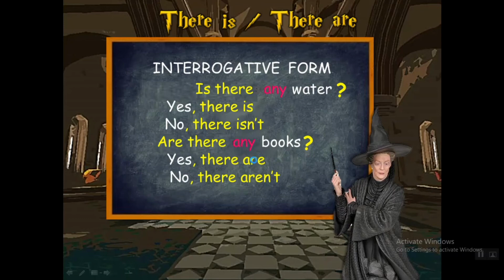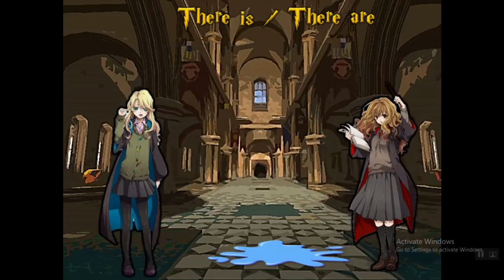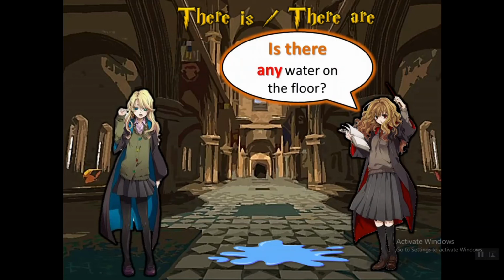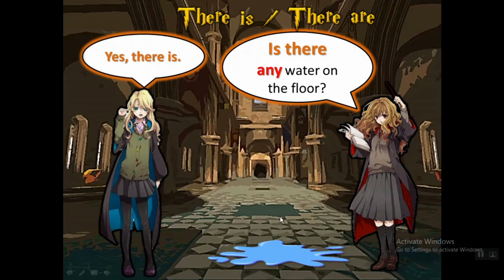Okay, let's have another example. Look here at the floor and let me ask you, is there any water on the floor? Look here. The answer is excellent. Yes, there is.